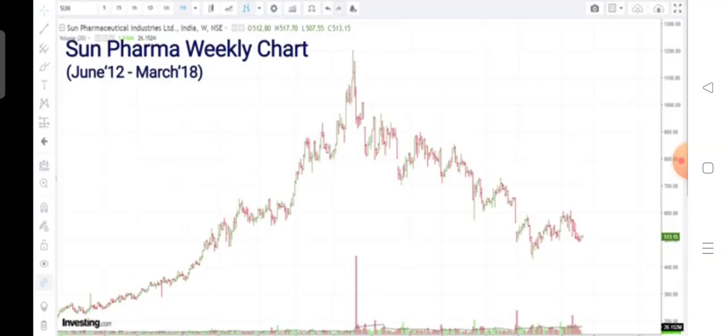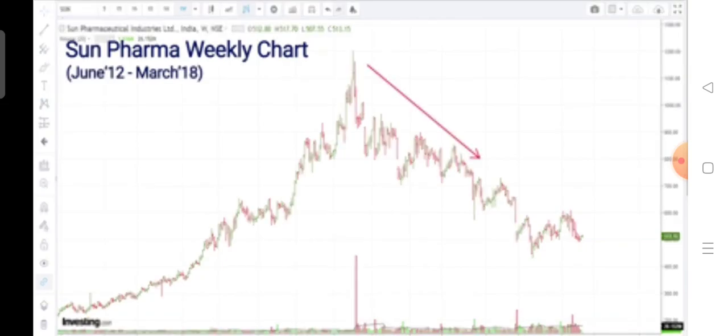Now let us look at a bearish example here. Here you are looking at the Sun Pharmaceutical weekly chart, and you can see that initially there was a steady down move, and after that this triangular consolidation. Price was pulling back, and within the triangle it was forming a symmetrical triangle with a very compressed price move.